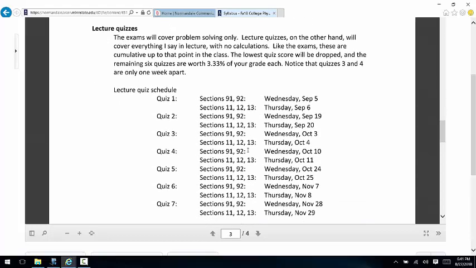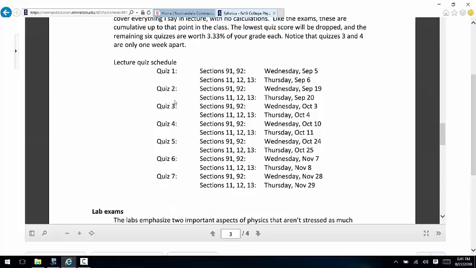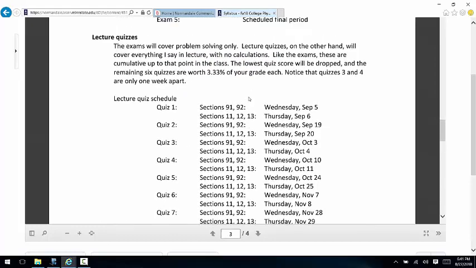Okay, now lecture quizzes. These make up 20% of the grade. These are the dates of the lecture quizzes. And those are just going to happen in the last 15 minutes of class or something. And while the exams are all problem solving, actually doing mathematical calculations, the lecture quizzes are just short answer, remembering stuff that I said in the lectures.